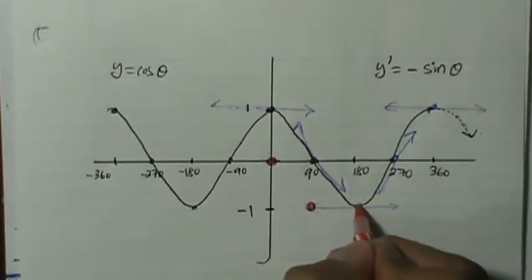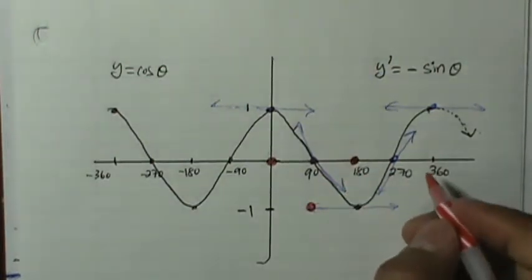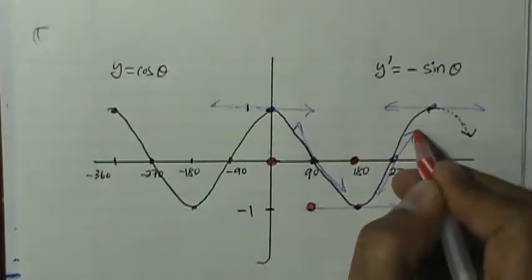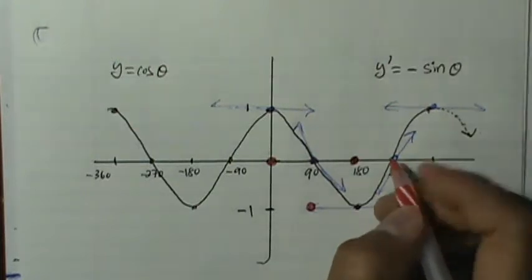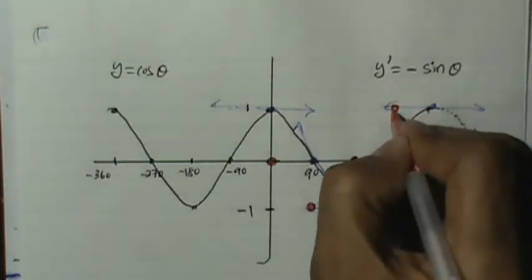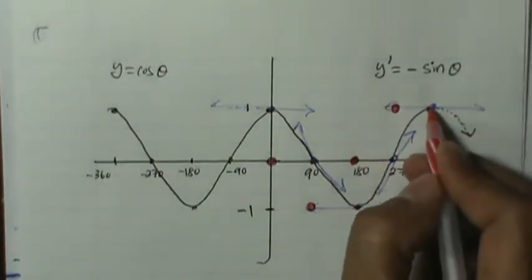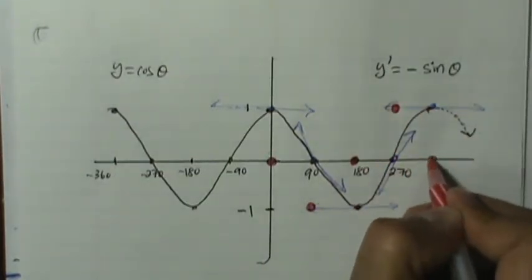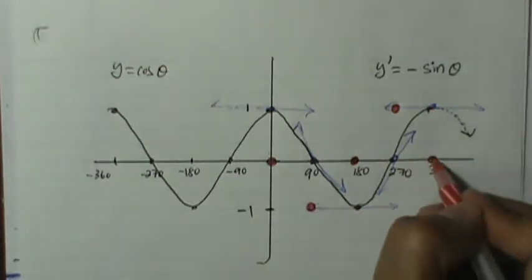And again, at the turning point, the slope of a tangent is 0, so we have a point exactly on the x-axis. The slope at this point here, since it increases, meaning that the slope is positive, we have a point above the x-axis, somewhere here. And then the slope of a tangent, again, is horizontal at the turning point, so it's 0, so we're going to put the point right across this point on the x-axis.